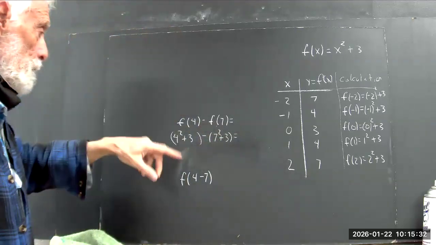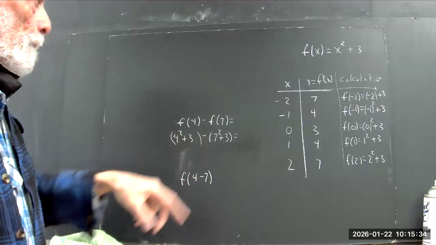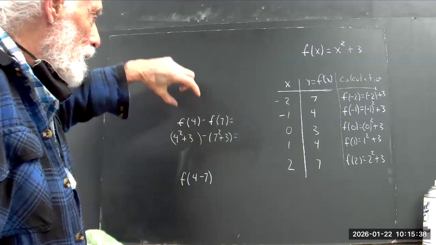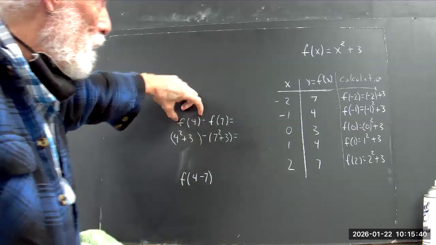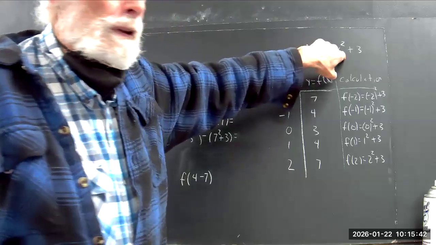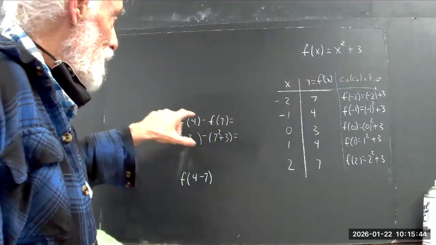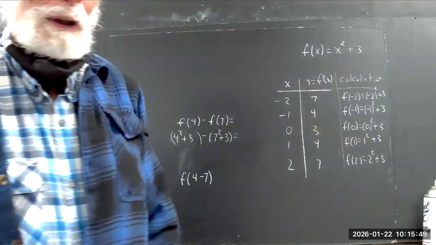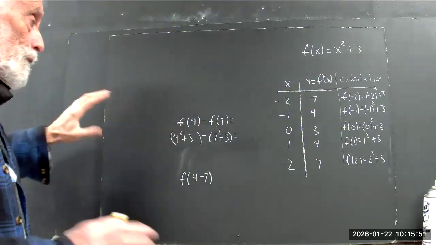And a lot of times I see people writing f's down here, but you already have the f. F of 4 tells you plug in 4 here and then plug in 4 here. And f of 4 is this. There's no f on this side, okay? And that's a very common thing.